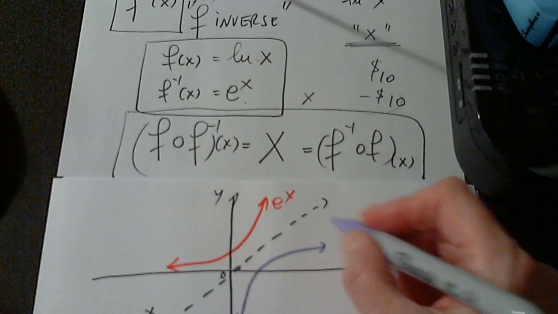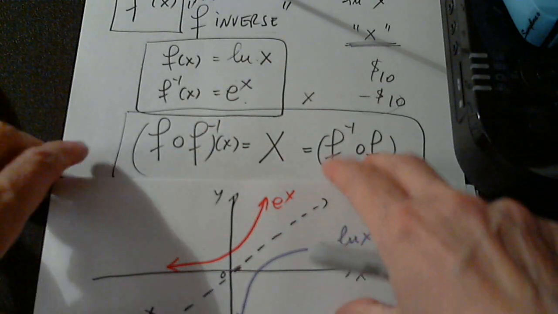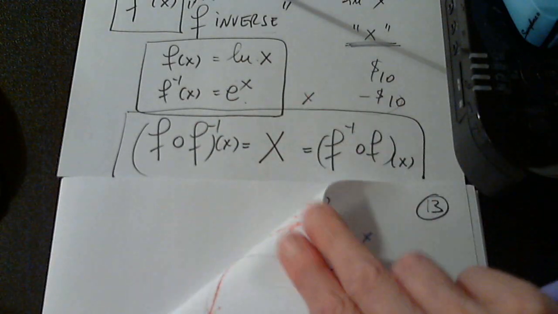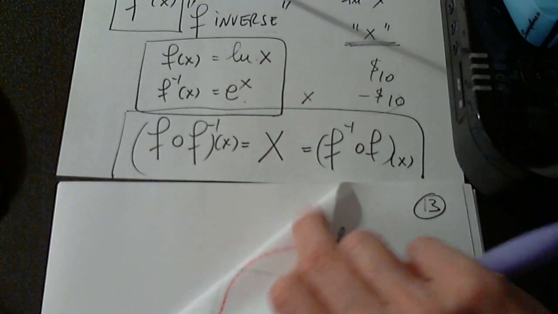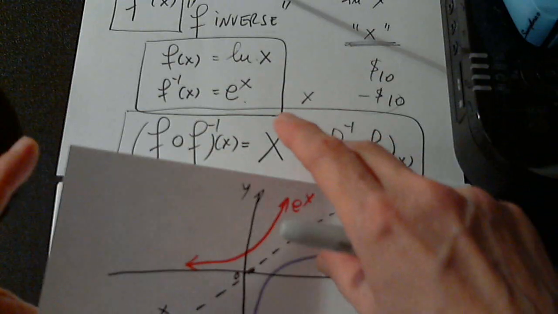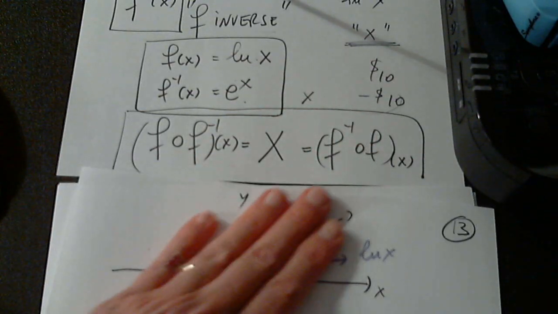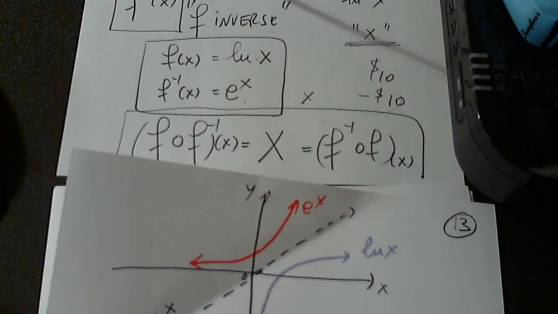What line? This. So if you fold the graph on this line, the red and the purple, they have to overlap. If they don't overlap, they are not inverses of each other.